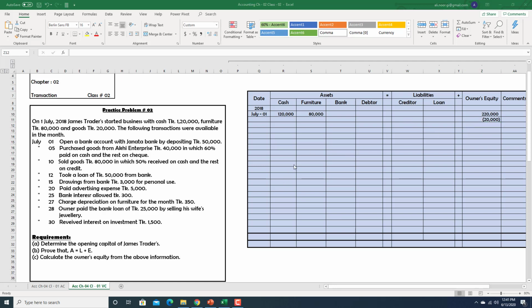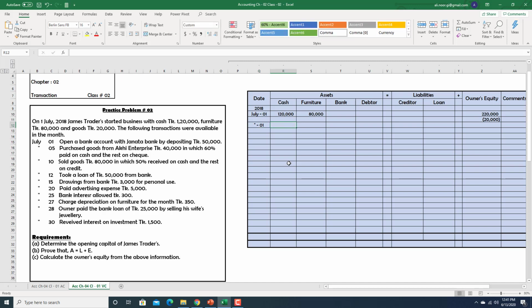Okay, July 1, open a bank account with Janata Bank by depositing 50,000. So you can see the owner has deposited 50,000 taka into bank. On July 1, let's write it again.